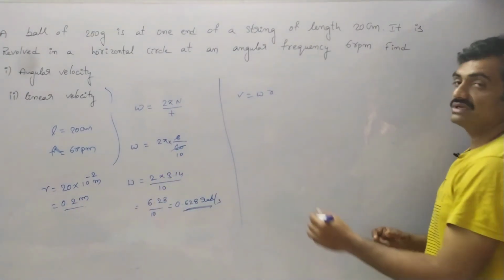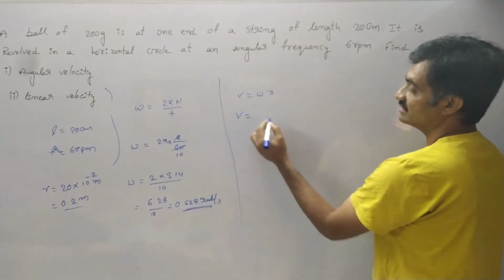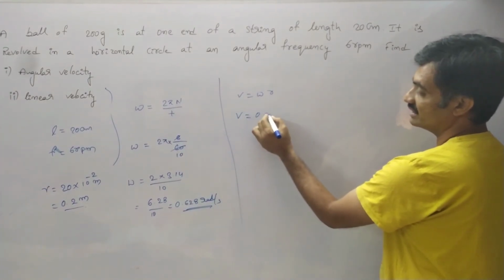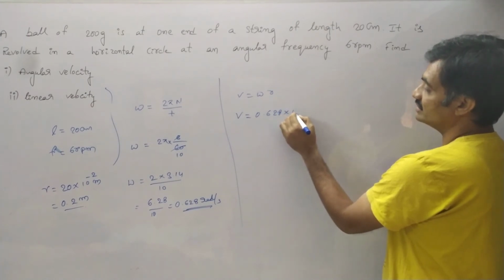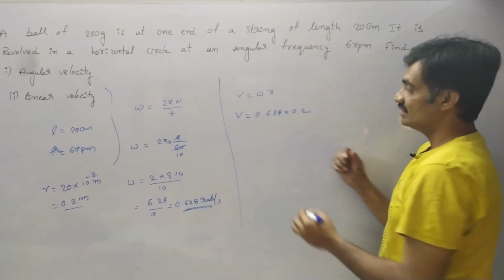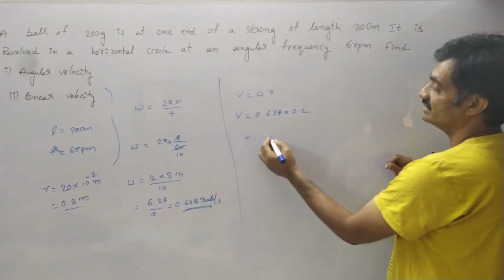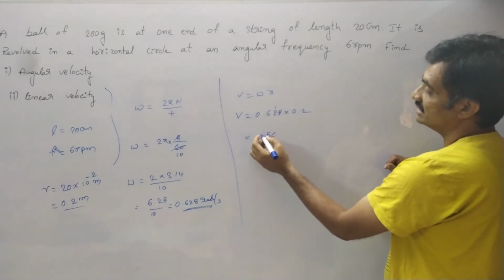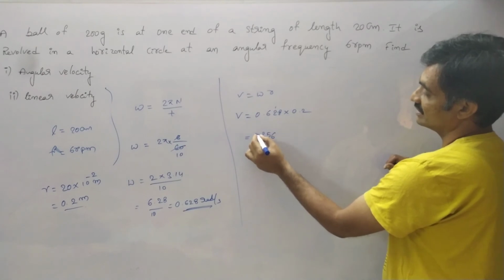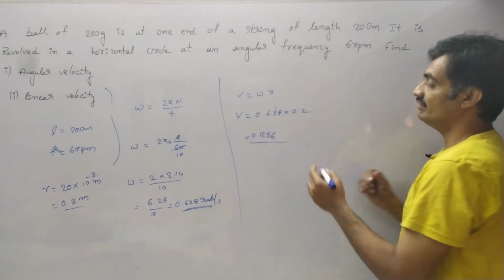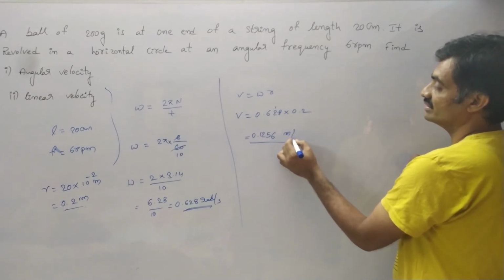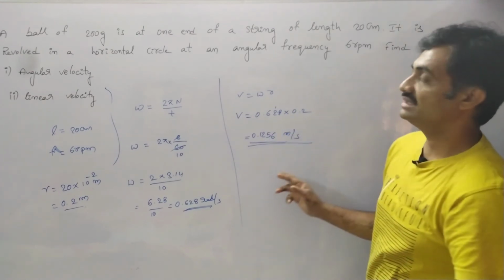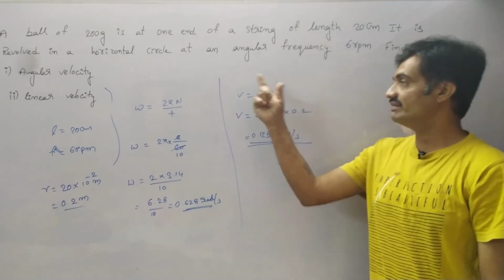If we substitute this value here, we have v equals omega, which is 0.628 into 0.2. From this equation we get 0.1256 meter per second. This represents the linear velocity of the given problem.